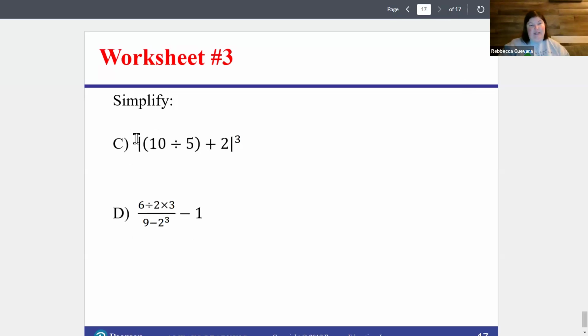For C, your absolute values are also a grouping, so you do the grouping first, then that exponent. And for D, once again, the division bar causes a grouping. Make sure you follow those order of operations and you should get through it just fine. I'll pause this and give you a chance to work on it. We'll come back.